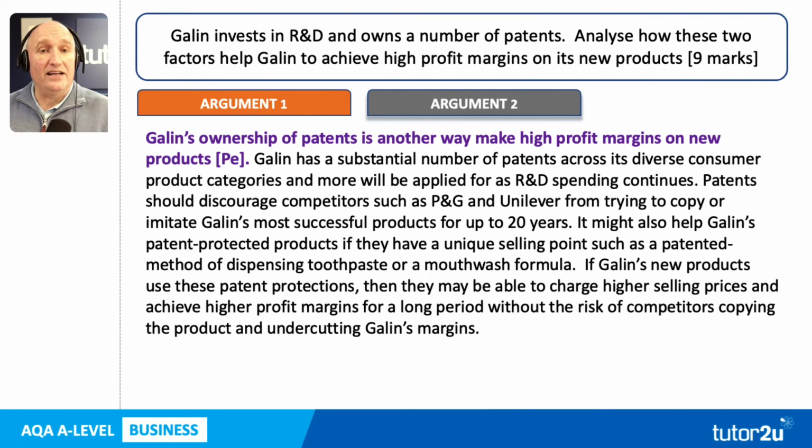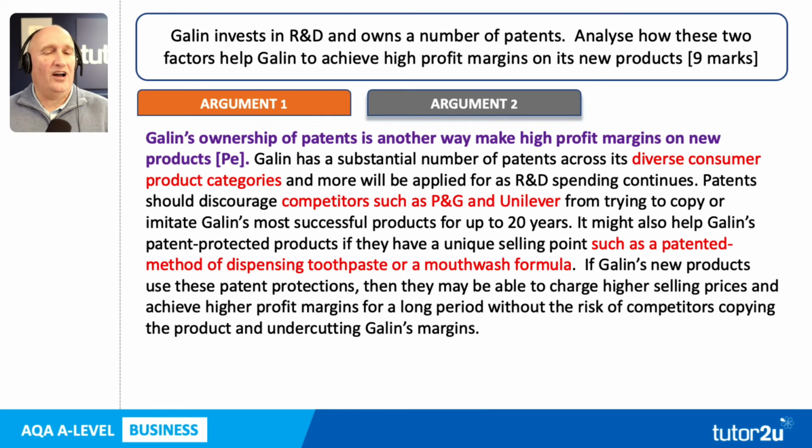It might also help Galen's patent protected products if they have that unique selling point, such as a patented method of dispensing toothpaste or a particular mouthwash formula. If Galen's new products use these patent protections, so a new toothpaste using the patent, then it may be able to charge higher selling prices and achieve higher profit margins for a long period without the risk of competitors copying the product and undercutting those margins.